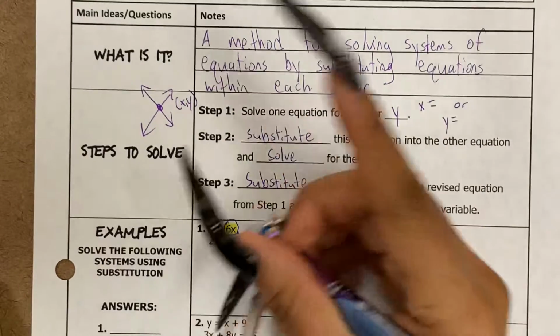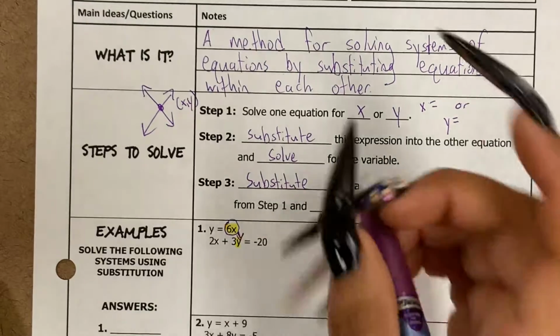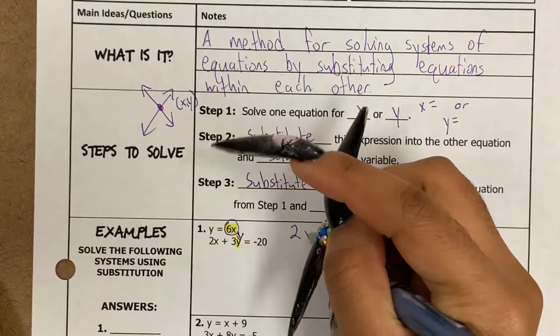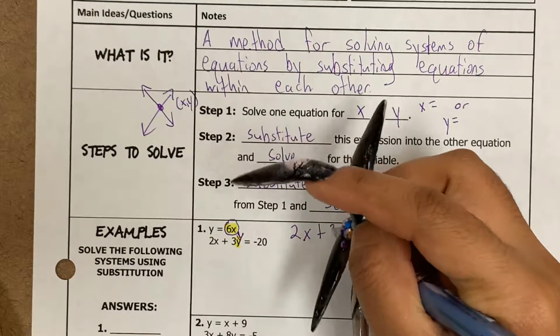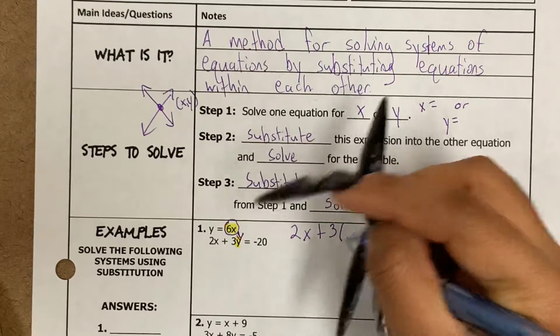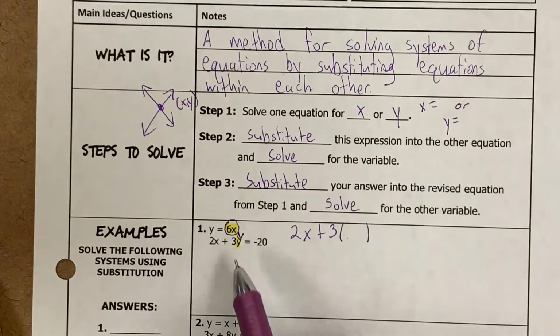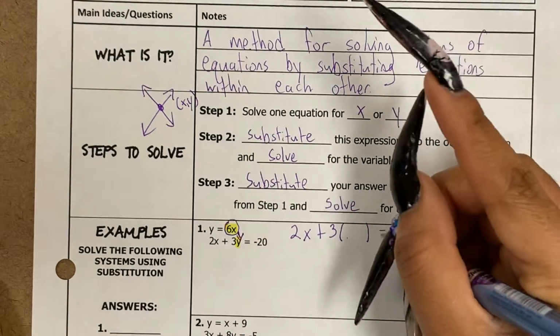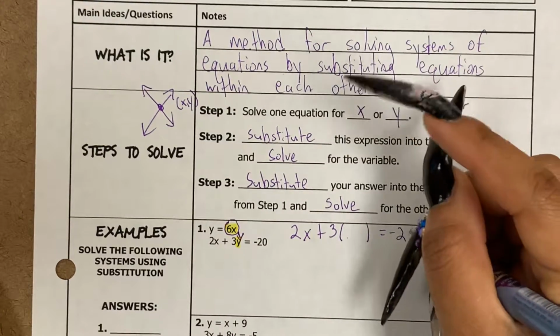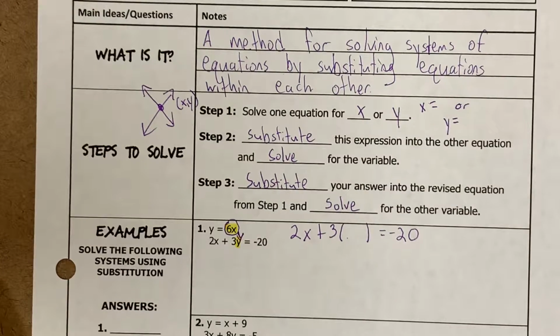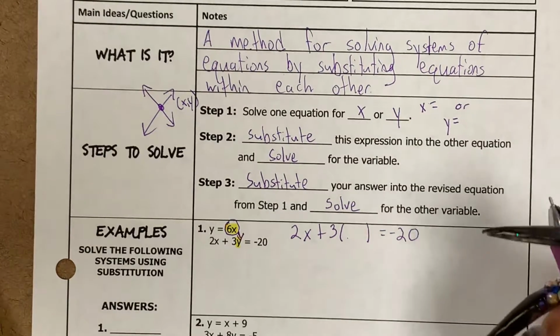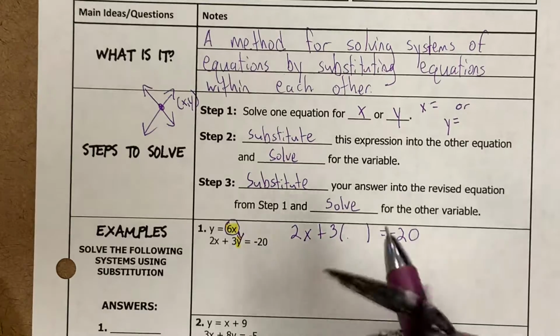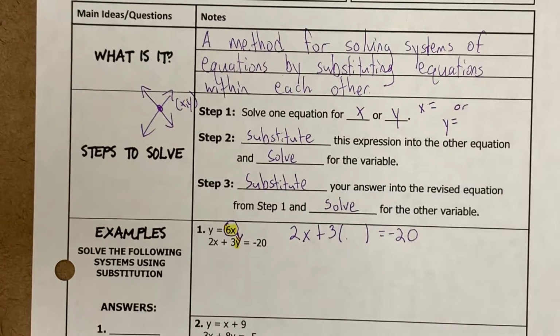So I'm going to rewrite this equation. Now instead of putting y, I'm going to put parentheses where the y was. So where the y was, I'm going to put what y equals.